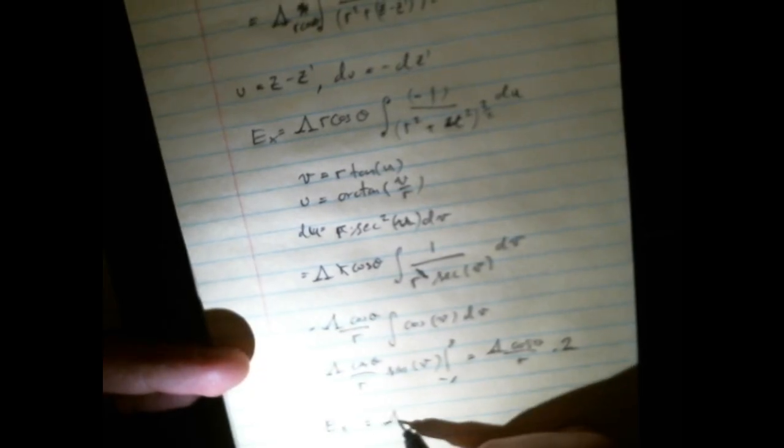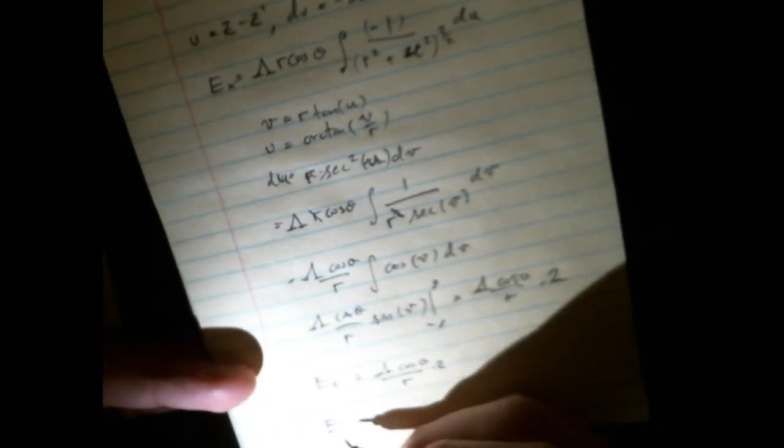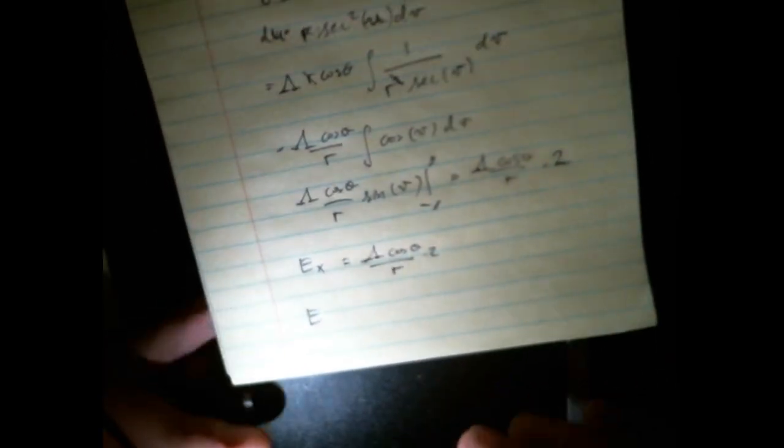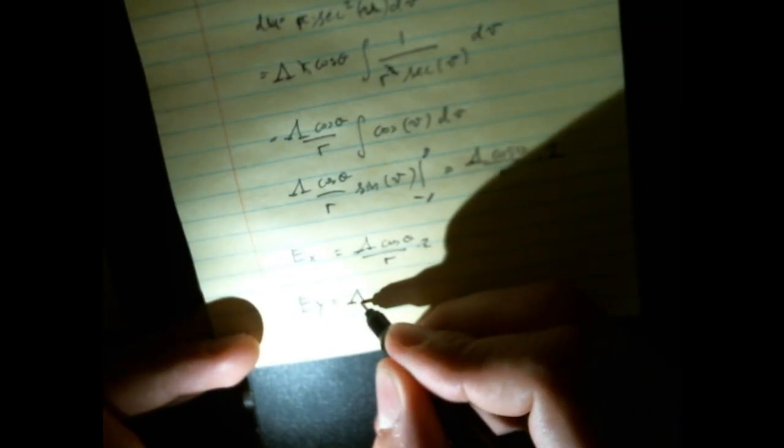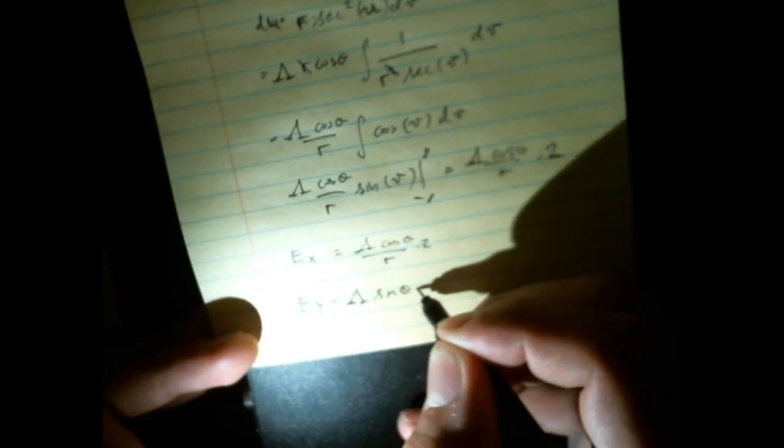Okay, and so what we get is that Ex is nothing but lambda cos theta over r times 2. Similarly, by symmetry, we get that Ey is equal to lambda sine theta times 2 over r.